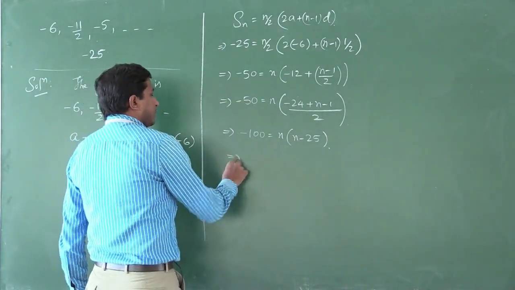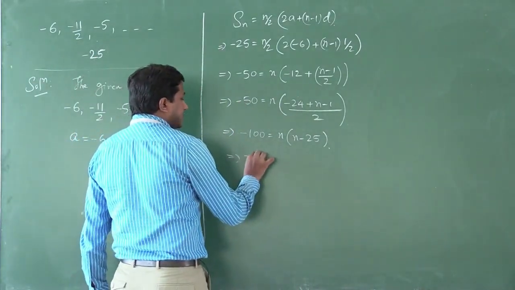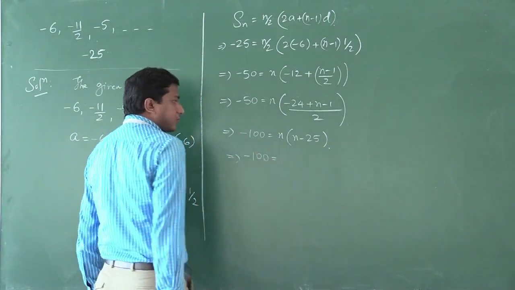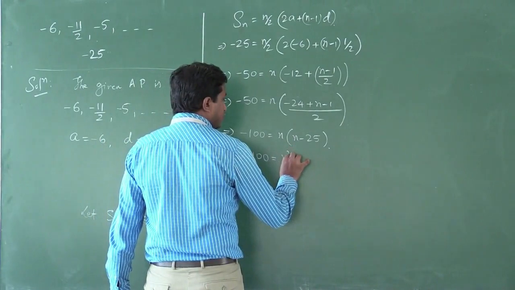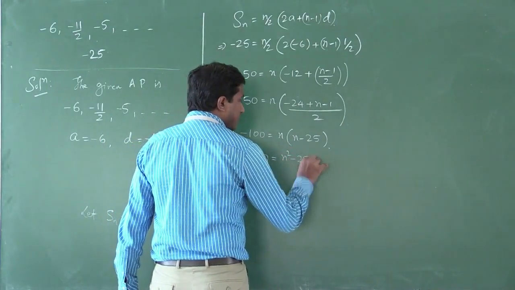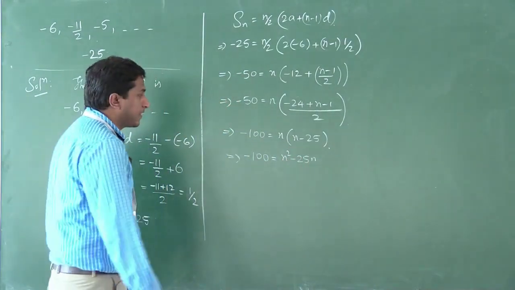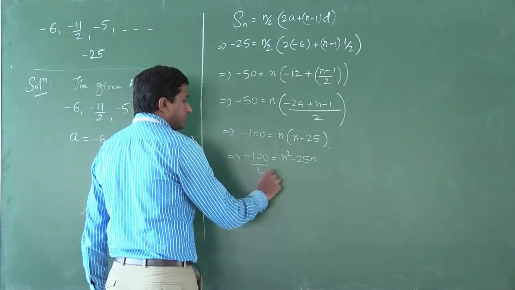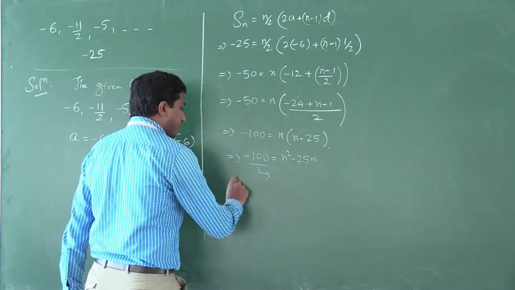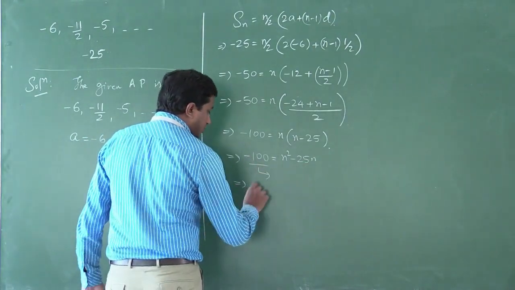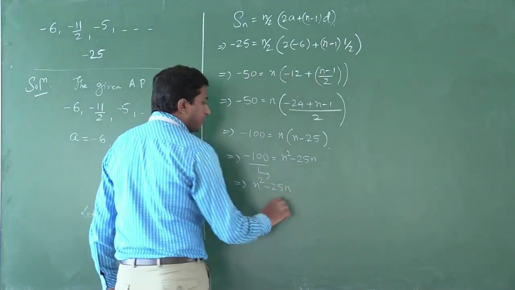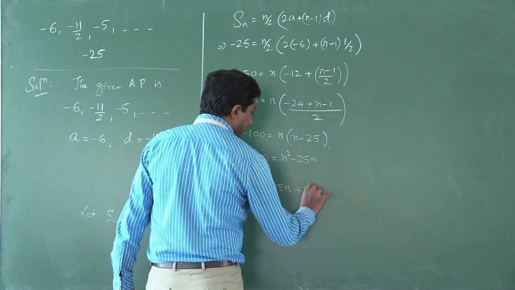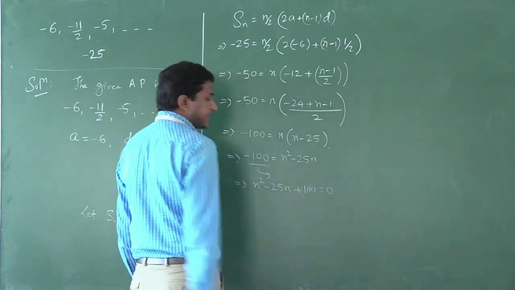LHS remains as it is, minus 100 equals, I multiply n here, what do we get? N square minus 25n. Taking minus 100 to the RHS, we get n square minus 25n plus 100 equals 0.